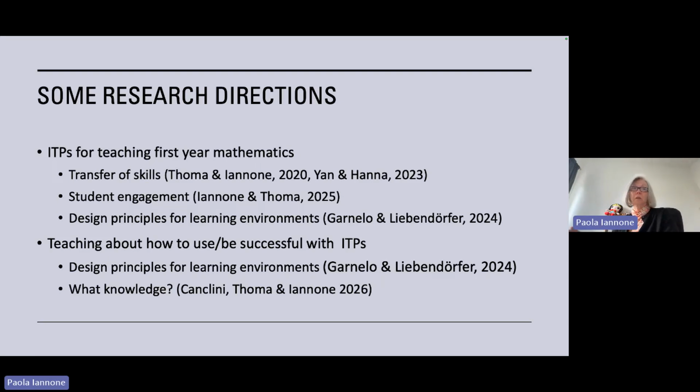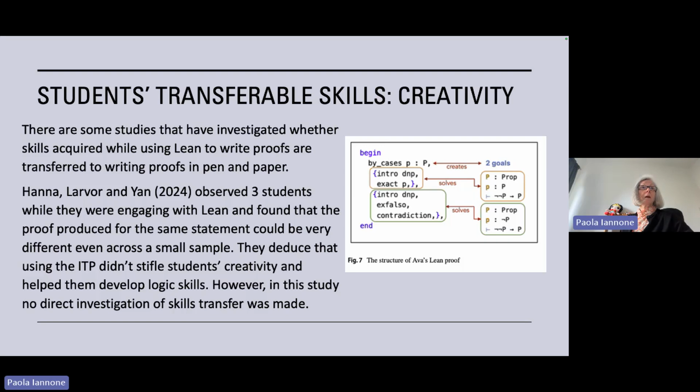Now I'm in the third or fourth year, and I want to teach my students how to use interactive theorem provers, so maybe they can use them in the mathematicians' practice. And then again, we talk about design principles for learning environments. It is a different learning environment this time. But we also need to think about what knowledge I want to foster in these students. And this is the PhD of my student, Chiara Conclini.